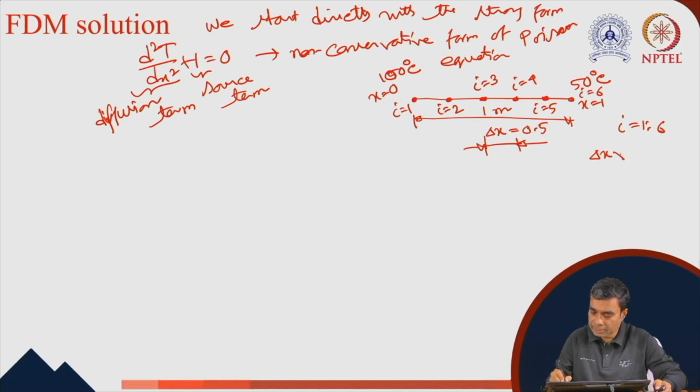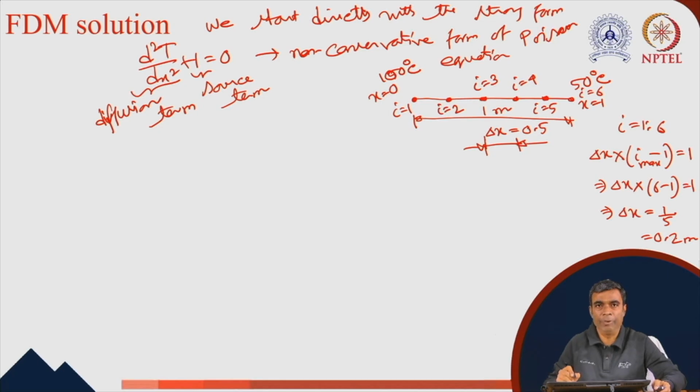So delta x into (i max minus 1) is 1 unit. So delta x into (6 minus 1) equals 1. This gives us delta x equals 1 by 5 equals 0.2 meter. So this is a uniform mesh.